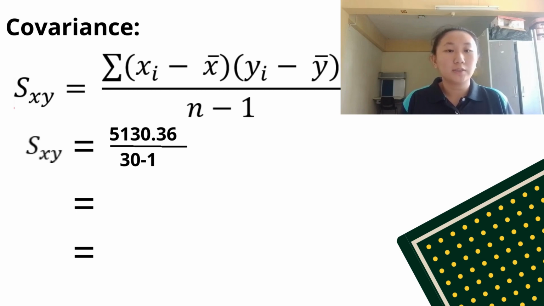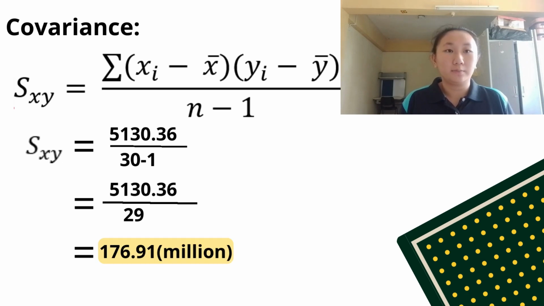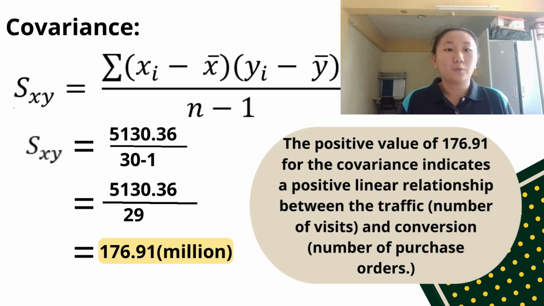Thus, the calculation is 5,130.36 million divided by 29. As a result, I calculated that the covariance between the traffic and conversion is 176.91 million. The positive value of 176.91 million for the covariance indicates a positive linear relationship between the traffic, the number of visits, and conversion, the number of purchase orders.